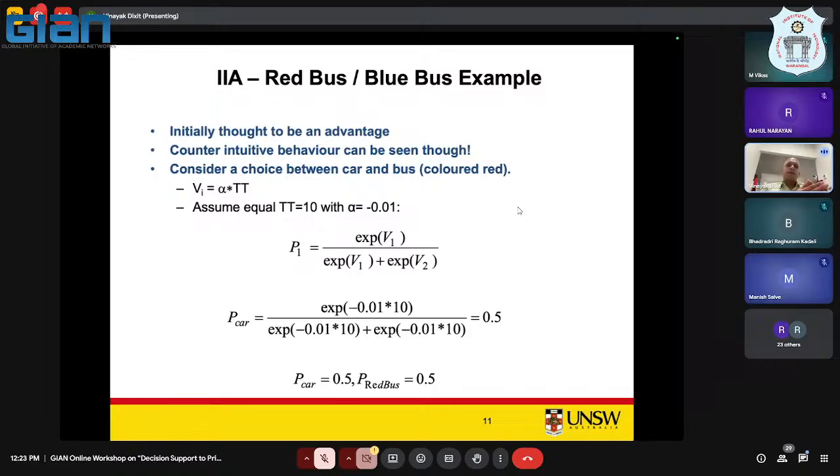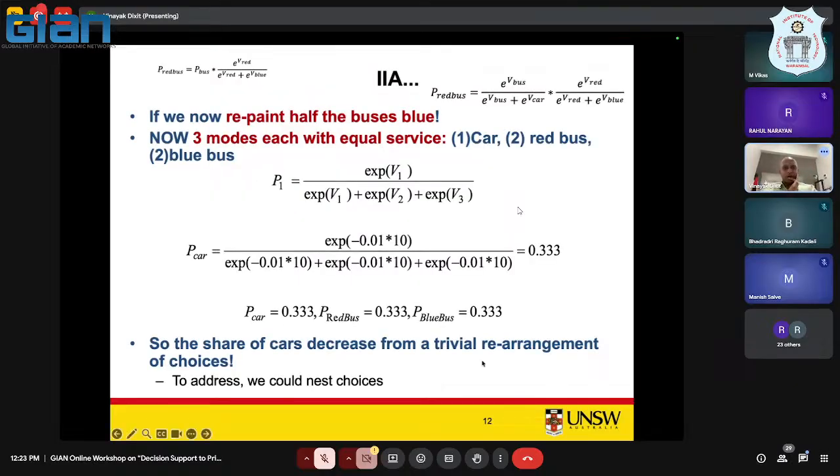So what they do is they take half of the red buses and paint them blue. So you have now car, red bus, and blue bus, right?